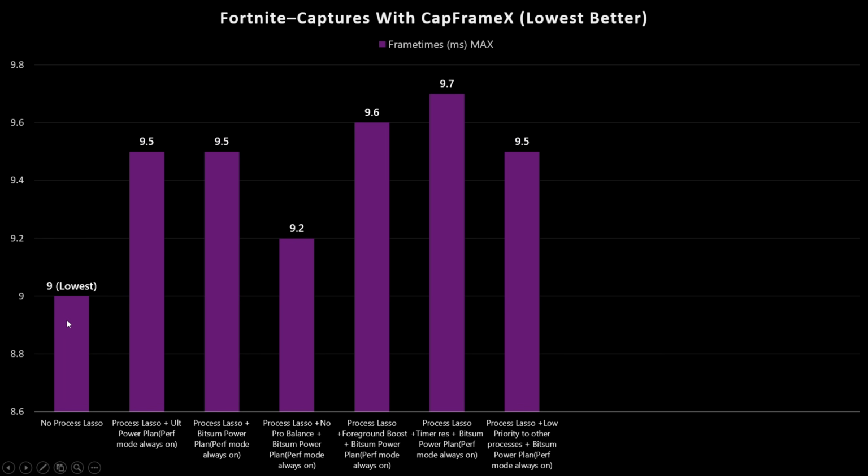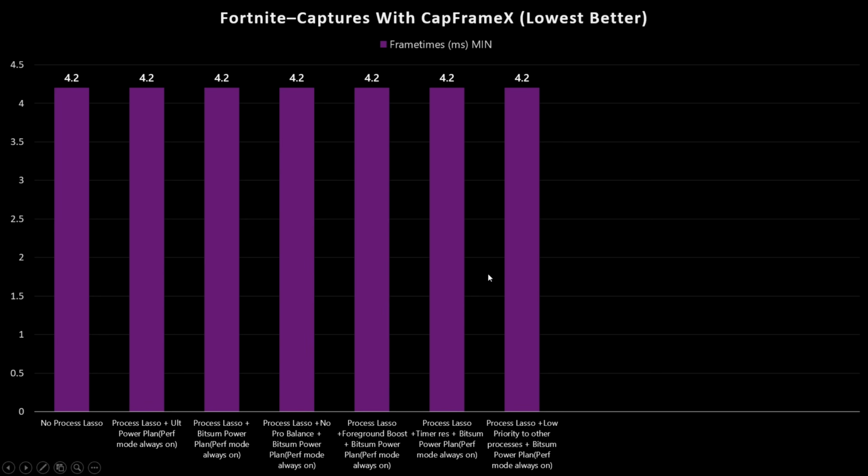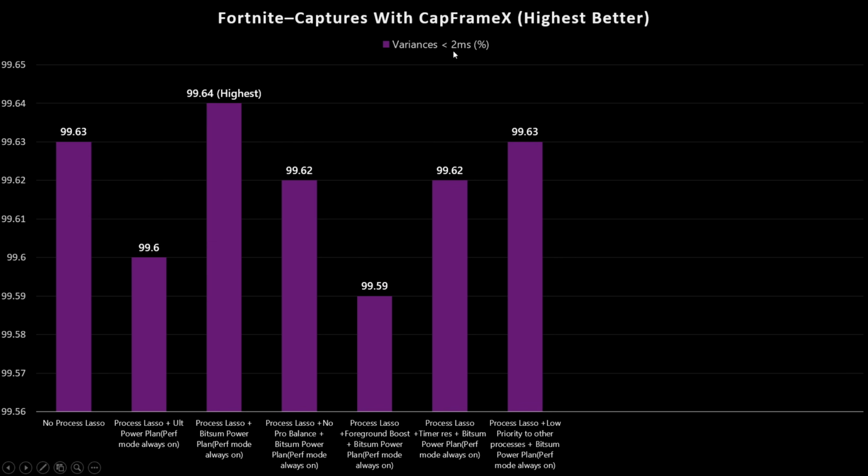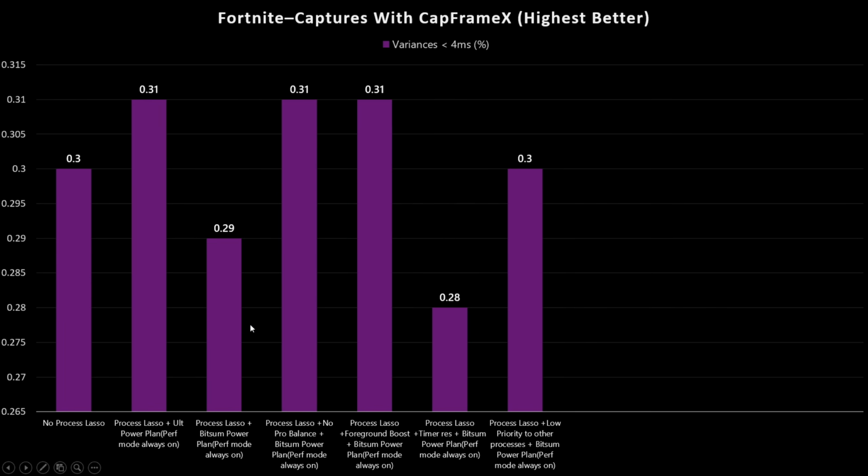The maximum frame times were better without Process Lasso. The minimum frame times were the same in all cases. The variances smaller than 2 milliseconds were better with Process Lasso and Bitsum Power Plan. The variances smaller than 4 milliseconds were better with Process Lasso, Timer Resolution, and Bitsum Power Plan.